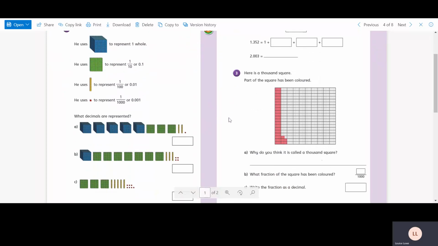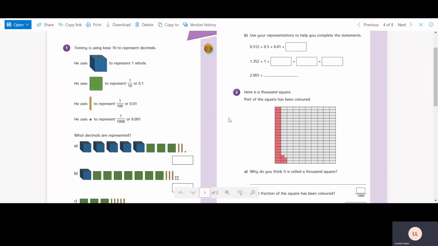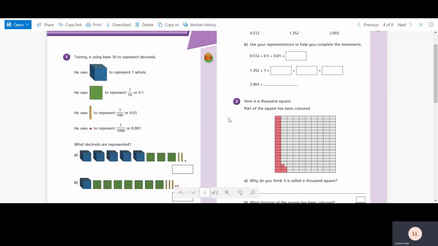Okay, question 1 is pretty straightforward because we're using the base 10 blocks. If you've got a block like the blue one that you can see here, that represents a whole one. When we've got a block like the green one, that's a tenth of the blue one, so we would represent that as 1/10 or 0.1.